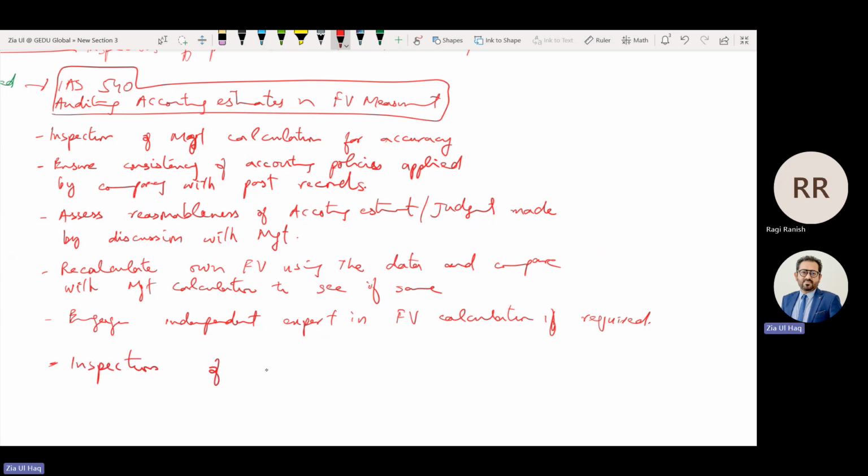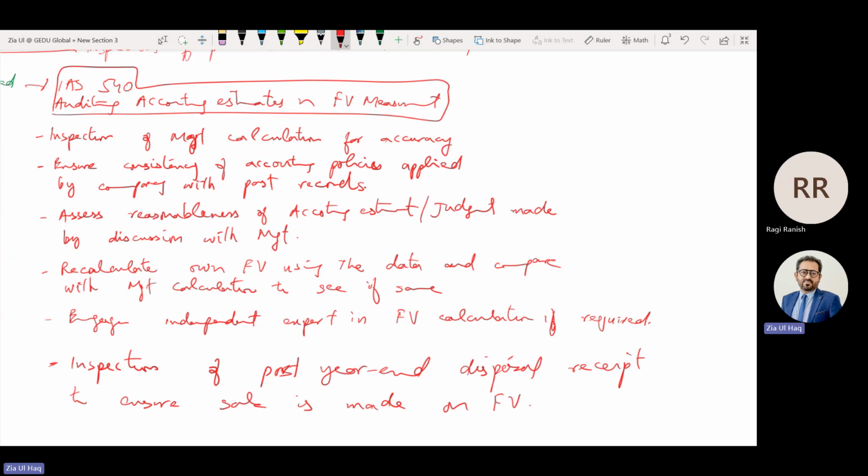inspection of post year end disposal receipt to ensure sale is made on fair value.